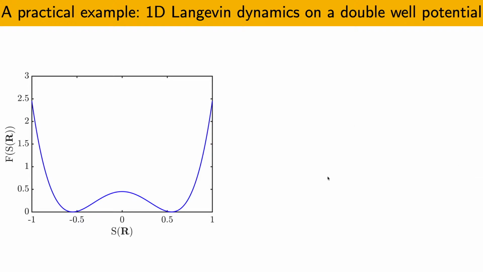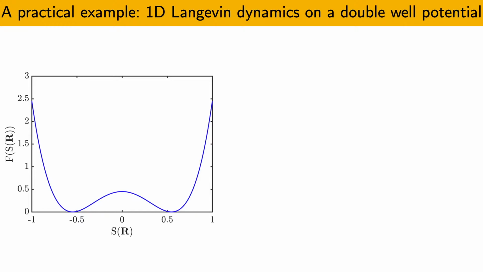So the sampling of the configuration space of this model, which is monodimensional and represented by the value of the variable s, which in real applications will be a function of the atomistic coordinates of the system r, is obtained by propagating the Langevin dynamics for this system.